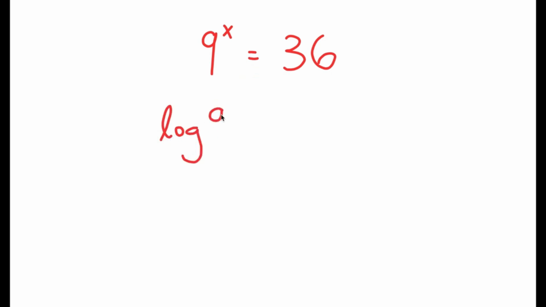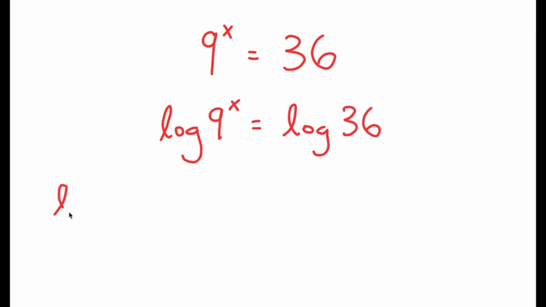Alright, so in this video, I'm going to solve the equation 9 to the power of x is equal to 36. So, to solve this equation, I'm going to first start by taking the log on both sides. So I get log of 9 to the power of x is equal to log of 36.